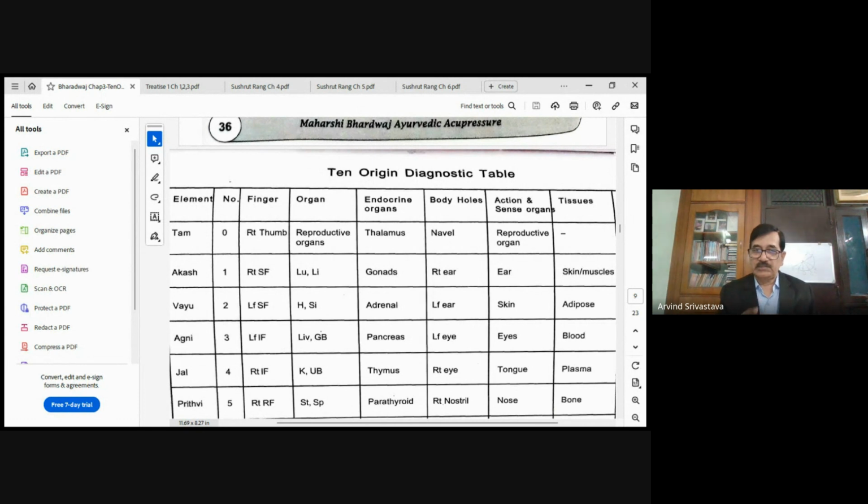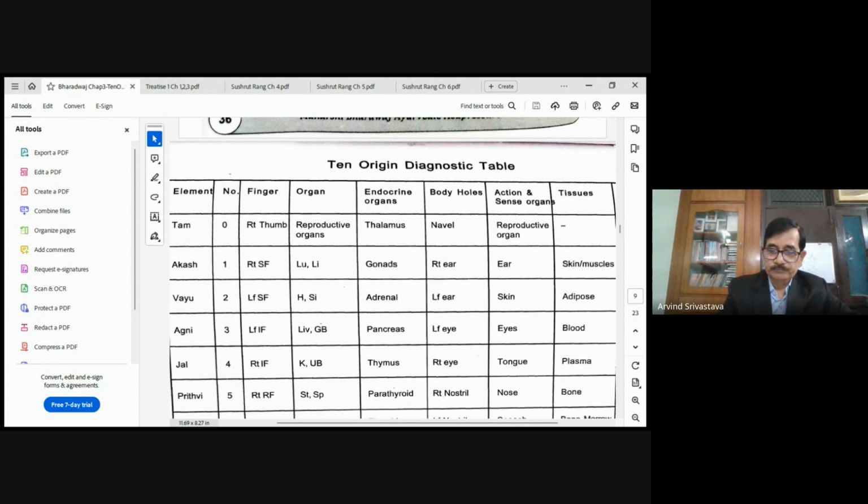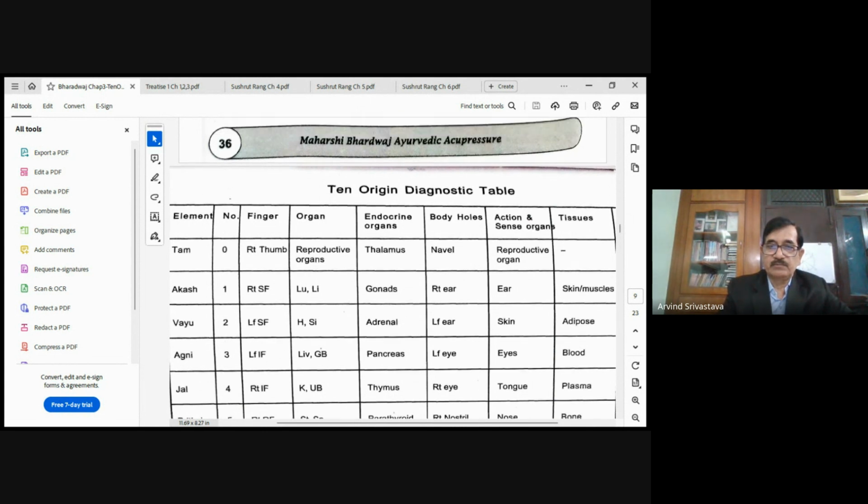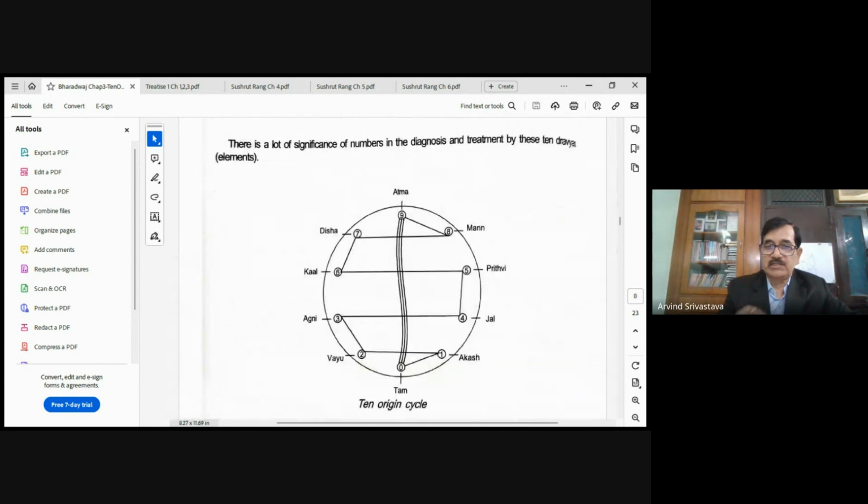Now, this is the diagnostic table. We have to study this one. Previously, we studied this. Those energies which are more active are on one side of this circle, and those energies which are less active are on one side: 0, 1, 4, 5, 8.